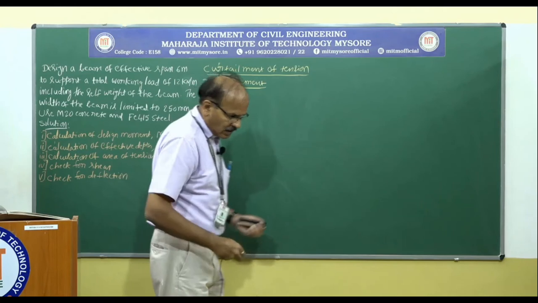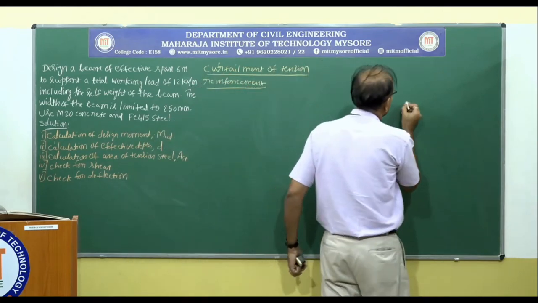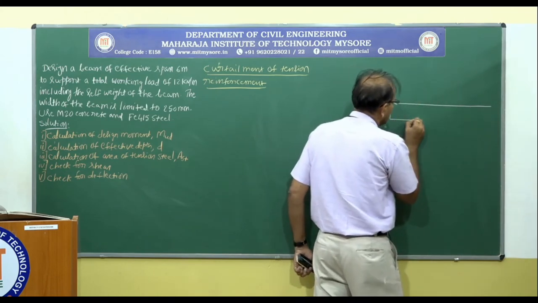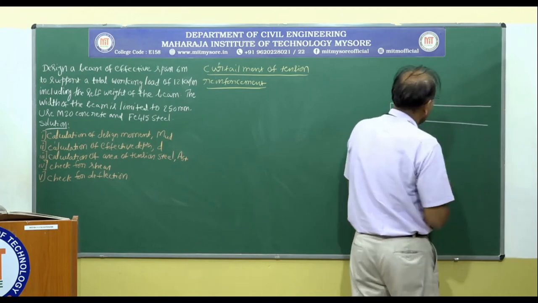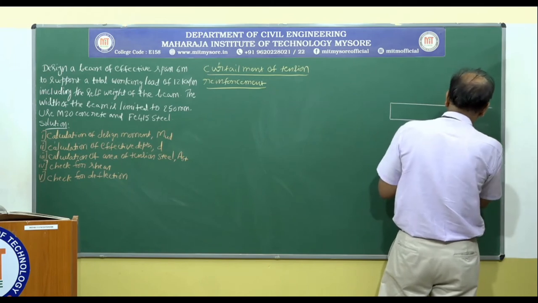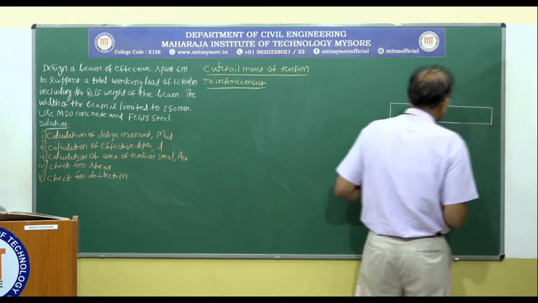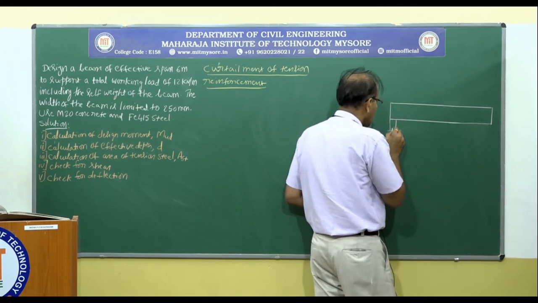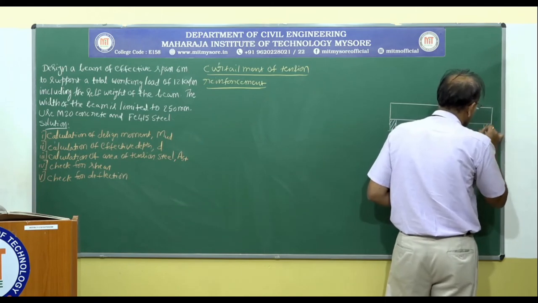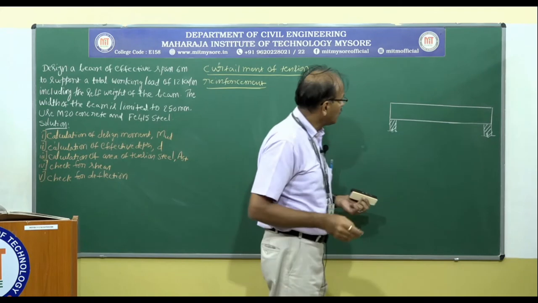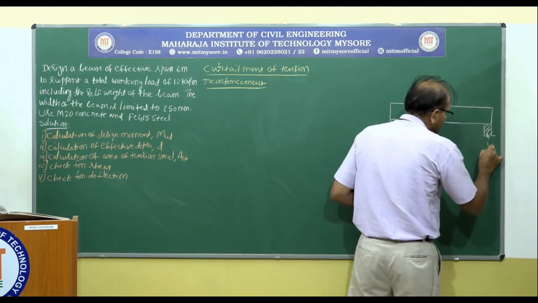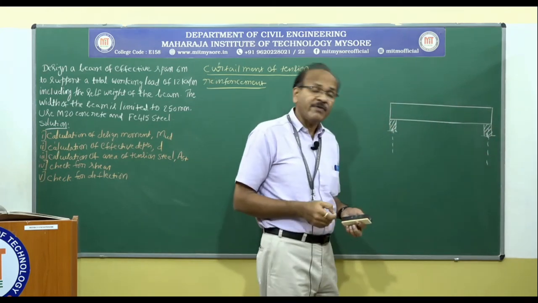So write down, if this is the beam, supported over two supports, and 6 meter is given as the effective span.